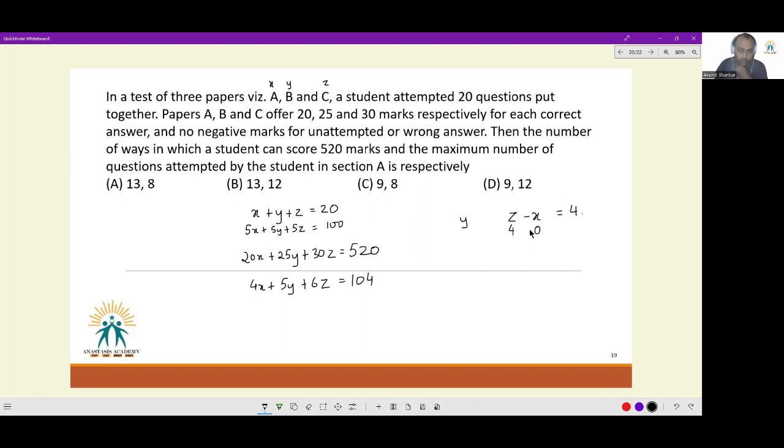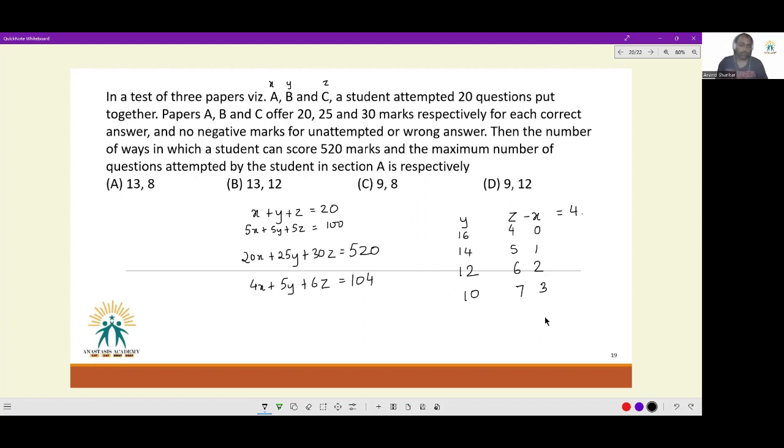This is perfectly all right. And correspondingly, y will be 16 because x plus y plus z is 20. Next is 5, 1. This will become 14 then. Then 6, 2. This will become 12 then. Then 7, 3, 10.